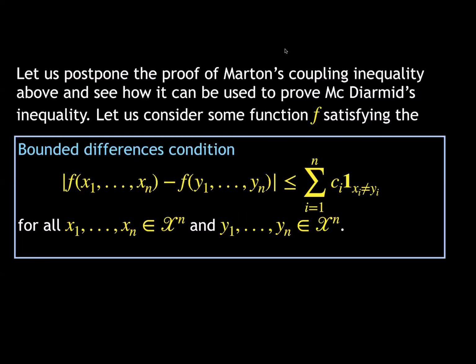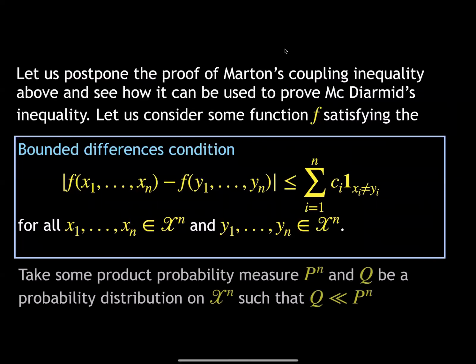So let's take the bounded differences condition that we have seen several times now. Assume that the function f satisfies the bounded differences condition, and take some probability Q which is absolutely continuous with respect to Pn.